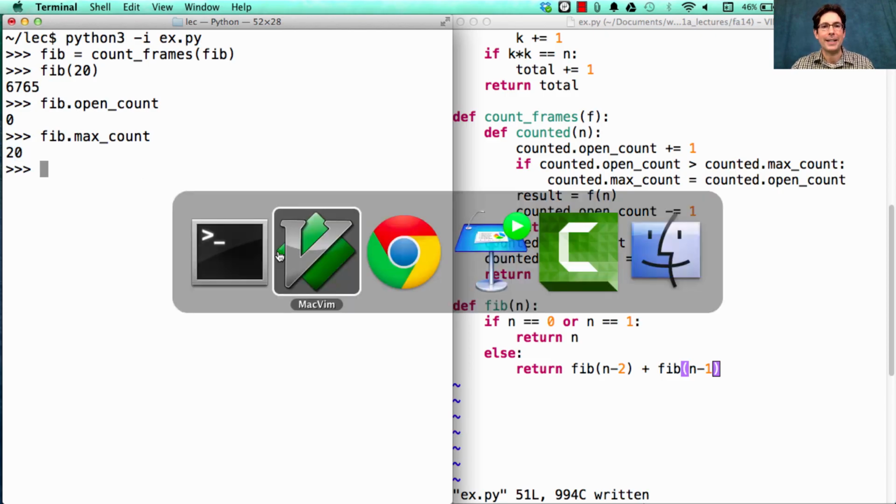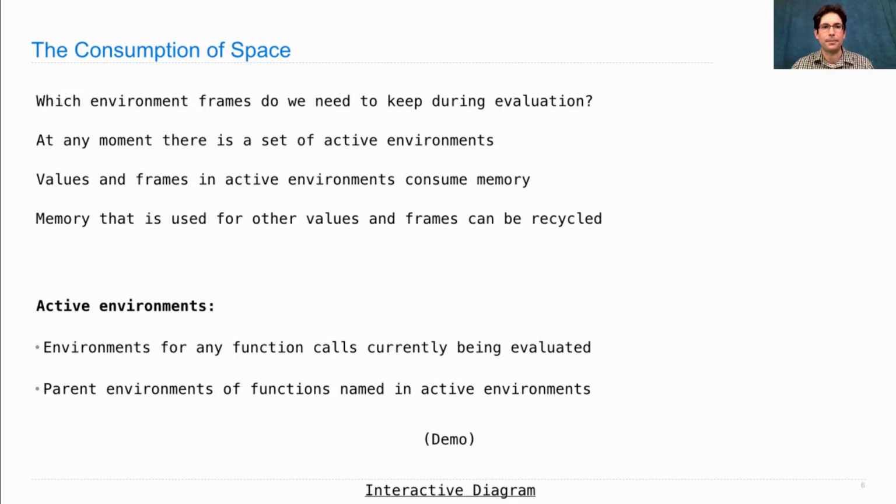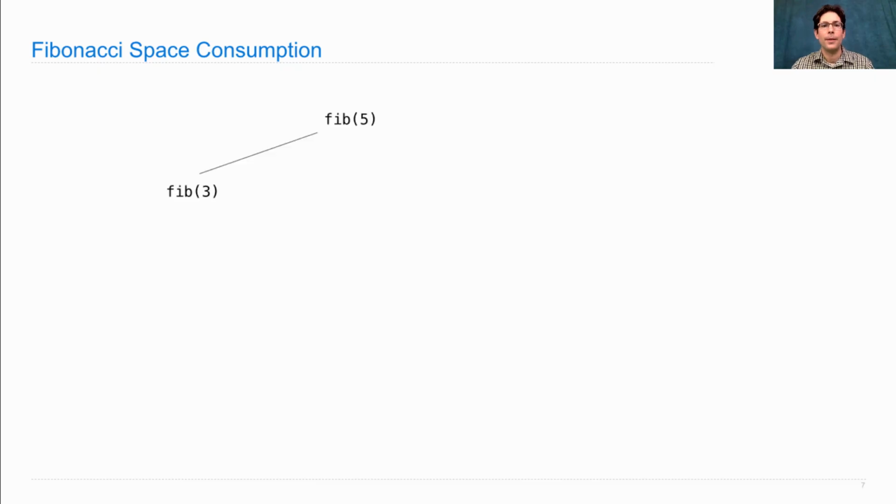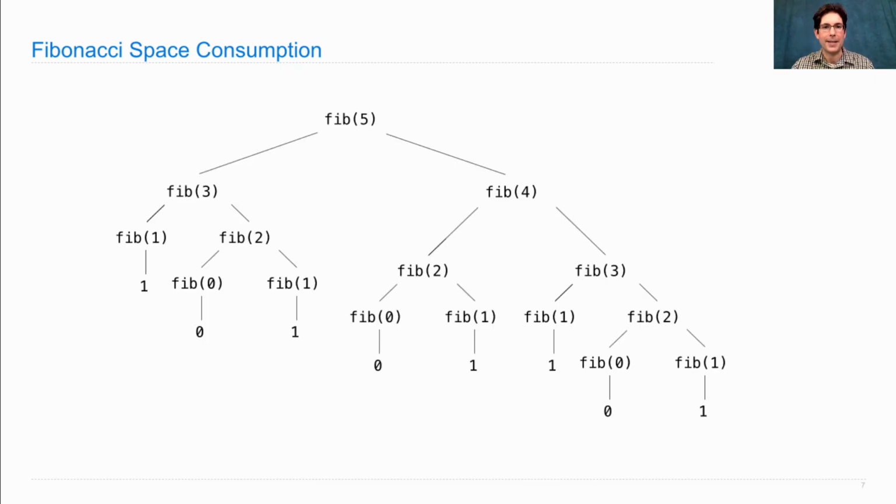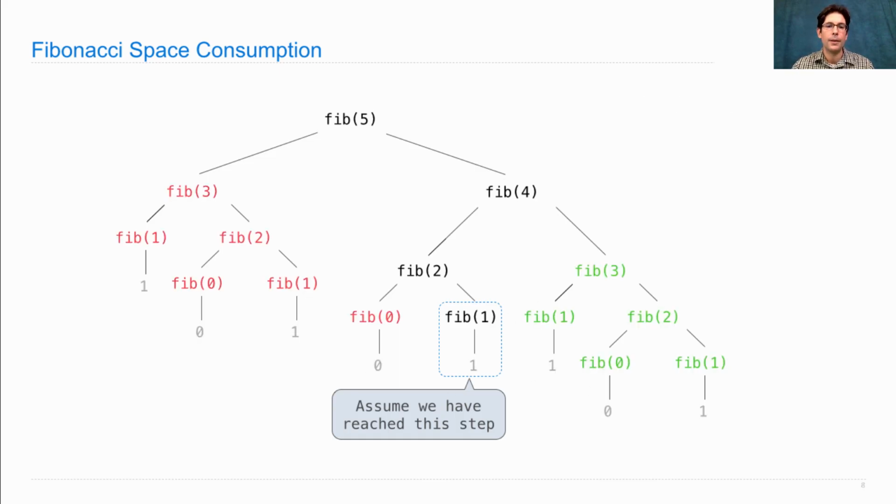Now, how can we understand why the number came out 20? Well, here's the tree-shaped process that we use to compute fib5. And let's say we've done all this work already, we still have to do all this work, and we're about to return from this call to fib1. Well, we can figure out which calls have an active environment. It's this one, this one, this one, and this one, which haven't returned yet.